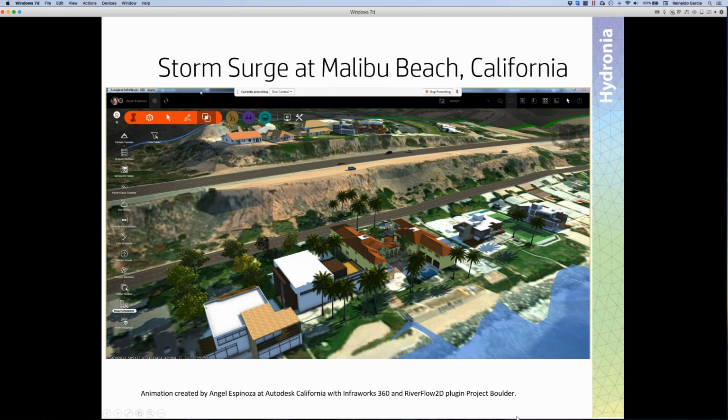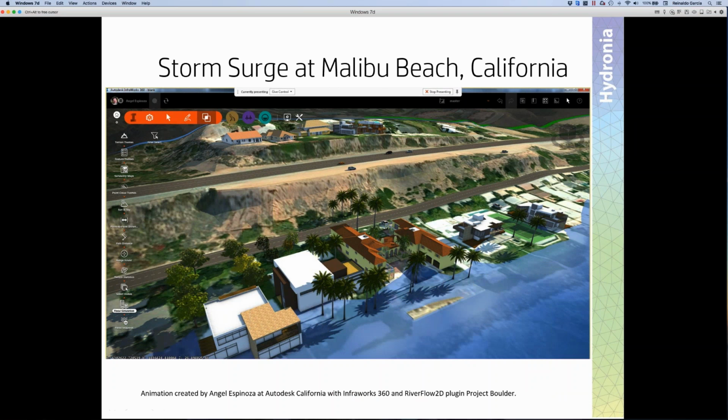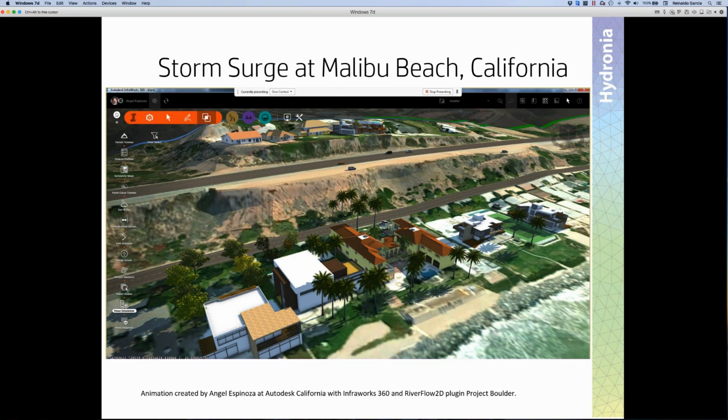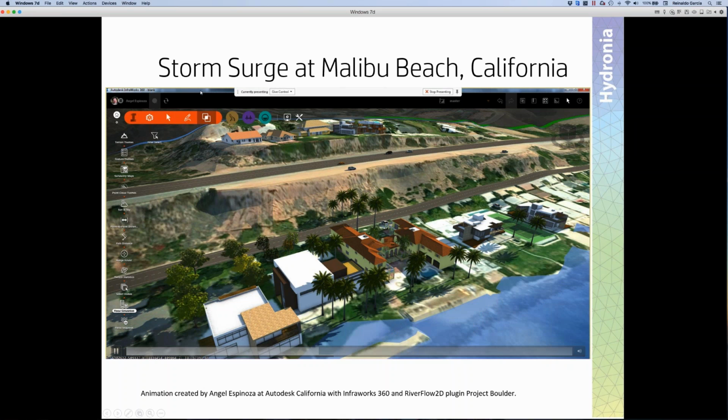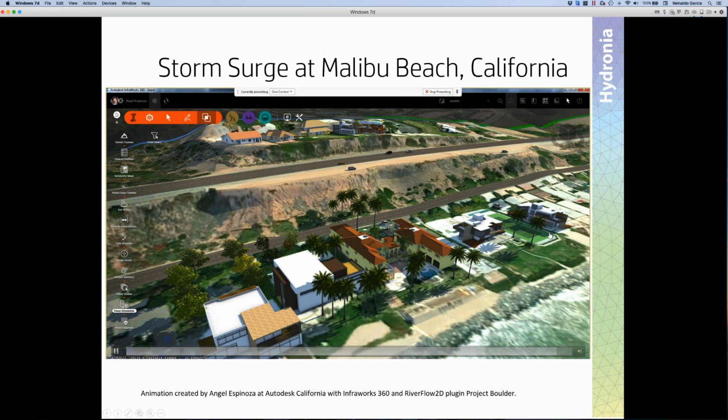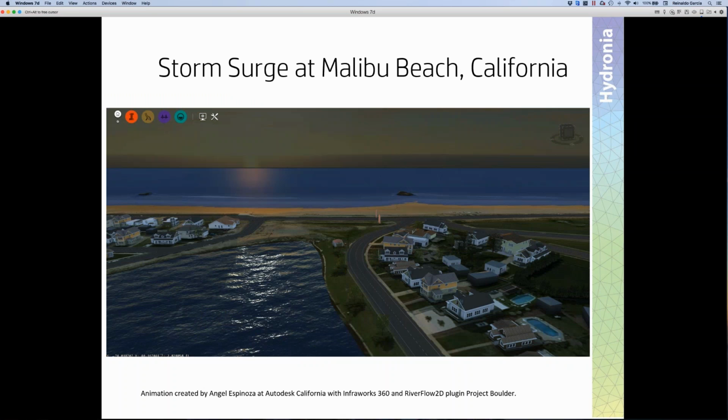And let me show you how you can see a simple simulation of a storm surge in this coastal area here. It's very quick running and also representing these animations. It's very illustrative to look at the actual flooding, and you can see the houses. You can manipulate this in 3D and look at how they behave during the storm surge.